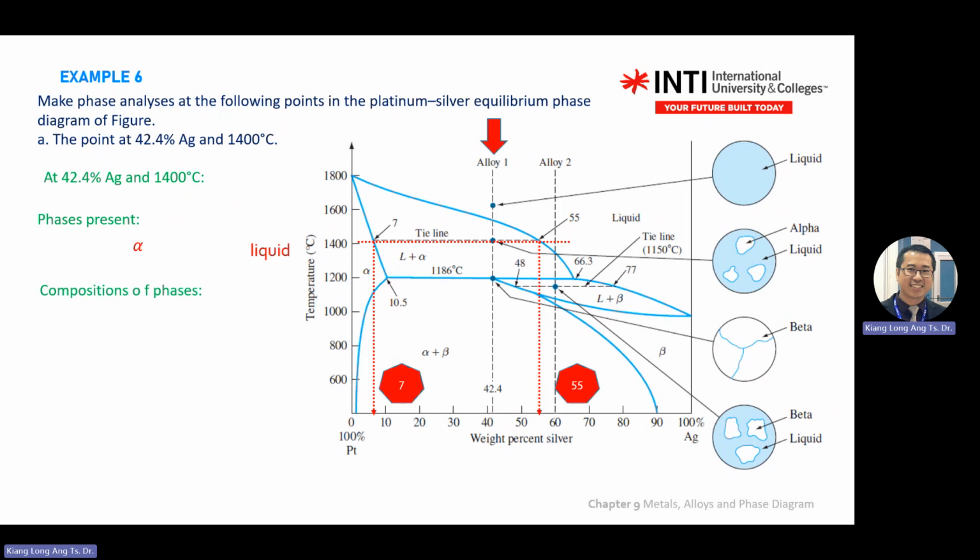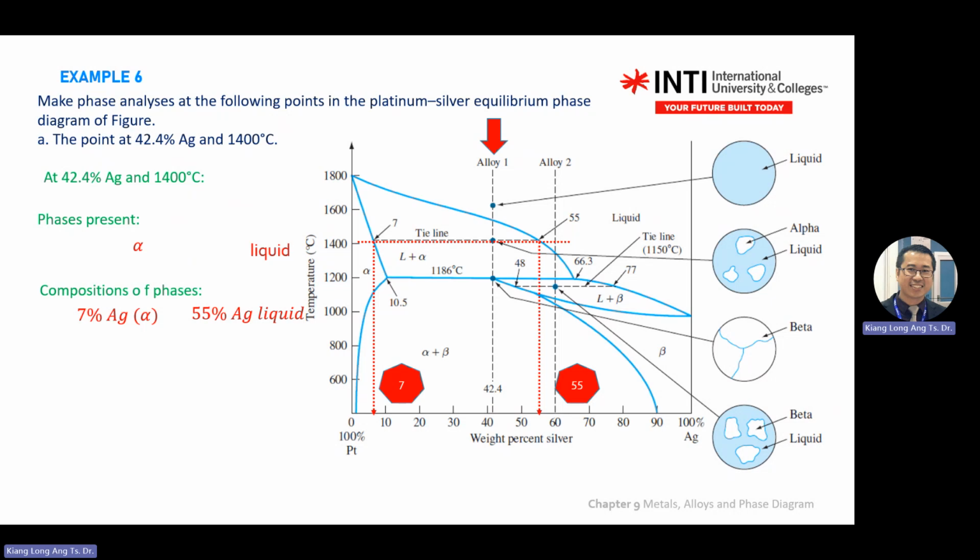So alpha, what is the composition? Read from the graph, 7% Ag, alpha. Liquid, drop down, 55% Ag, liquid. This is 55%. On this graph it is silver, Ag. So this one is liquid Ag.